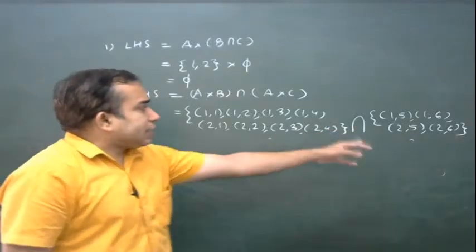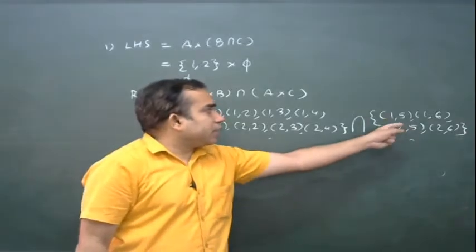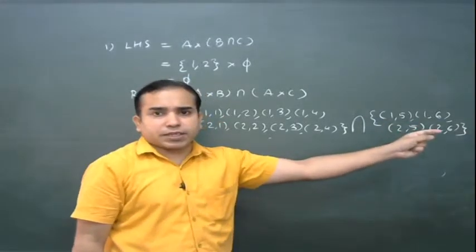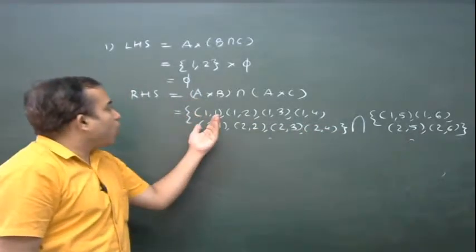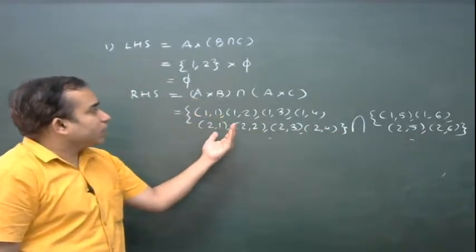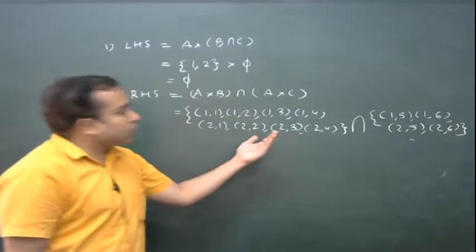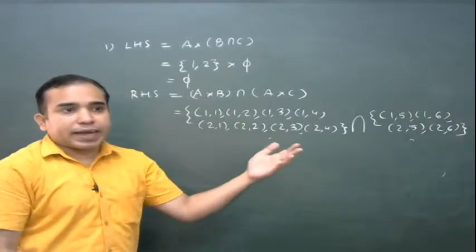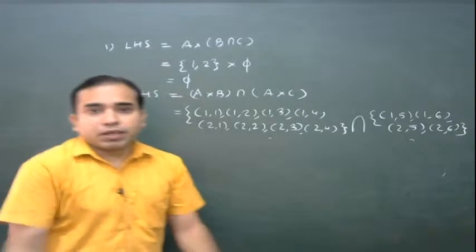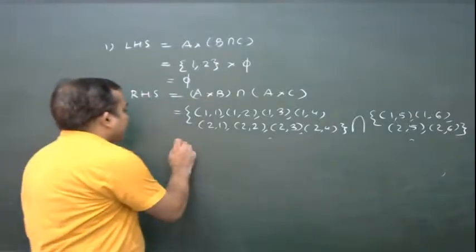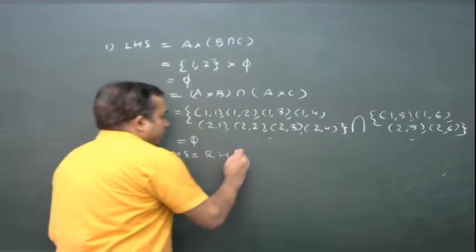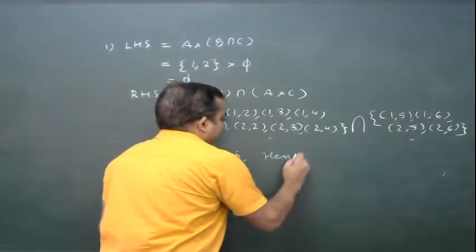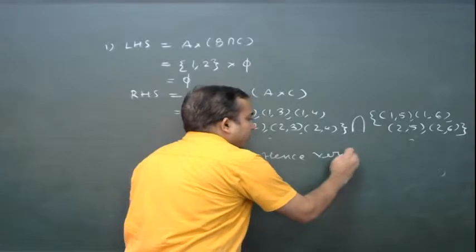The second element of the second set contains either 5 or 6, but in no ordered pair of the first set is either 5 or 6 there. So nothing is common. Both sides are equal, hence verified. So the first part is verified.